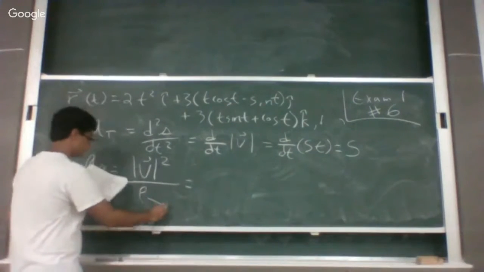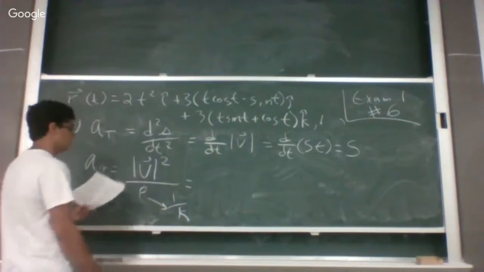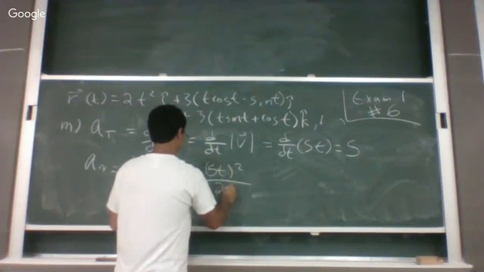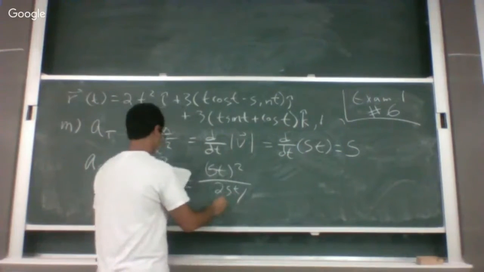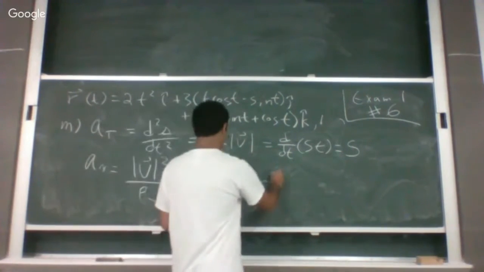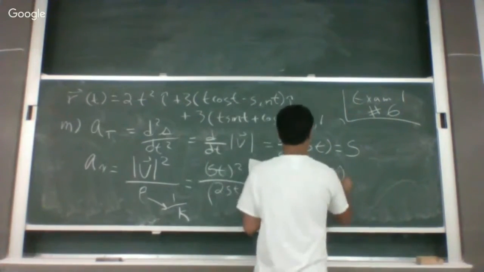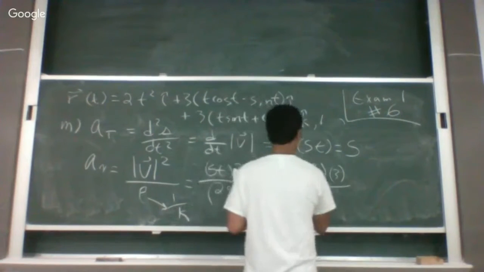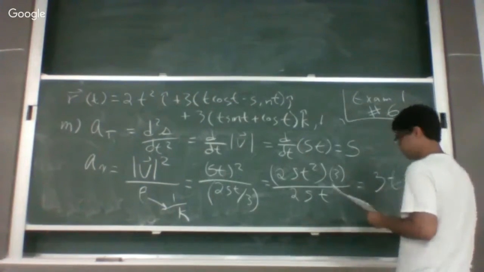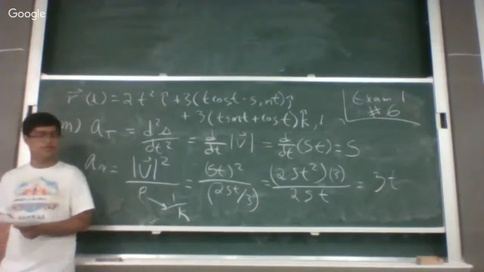Rho is always, in these problems, 1 over k. So then we have 5t quantity squared divided by 25t over 3. This is equal to 25t squared times 3 divided by 25t, so this is equal to 3t. And that's the answer for that.